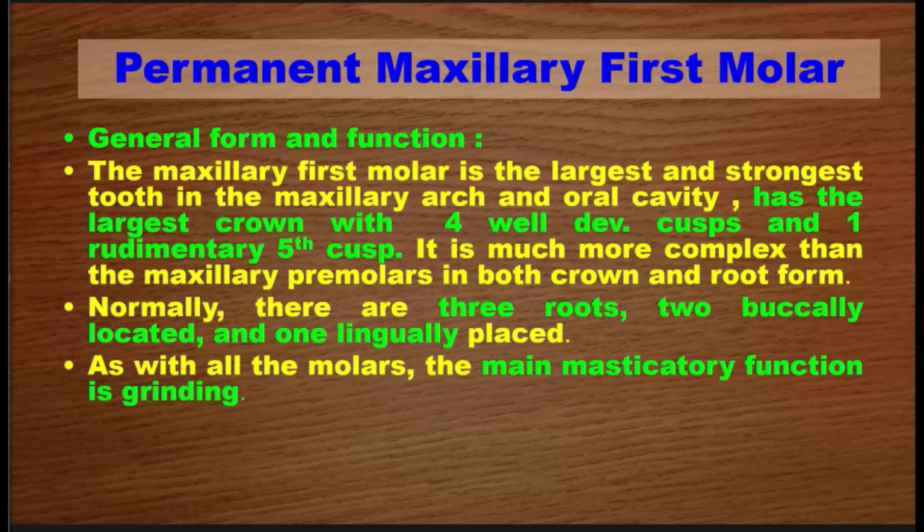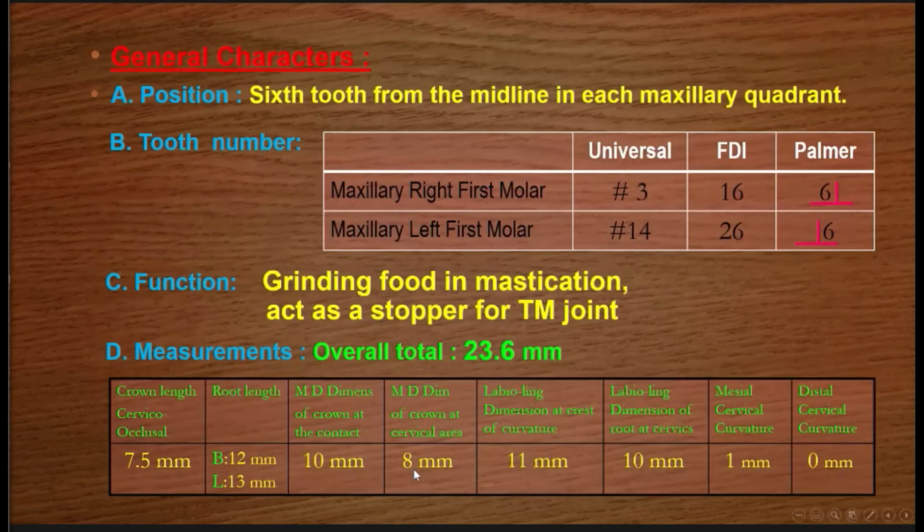Normally, there are 3 roots, 2 buccally located and 1 lingually placed. As with all the molars, the main masticatory function is grinding. Basically, grinding the food. All the 3 molars and premolars are helping in grinding. Position, of course, you know, the 6th tooth from the midline in each maxillary quadrant. On the left side, number 6, on the right side, number 6.